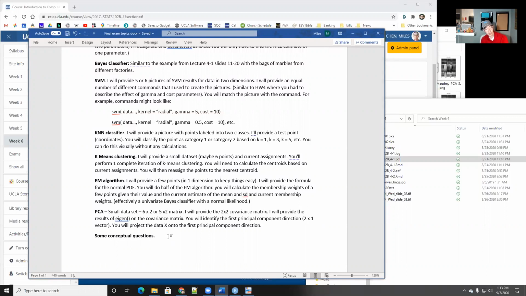So it's very much like the homework that's been assigned for this week, homework 6 for PCA, where you do eigen and you project the data onto it and things like that. So I'm just doing bits and pieces out of your homework and stuff, but all in a pen and paper form.